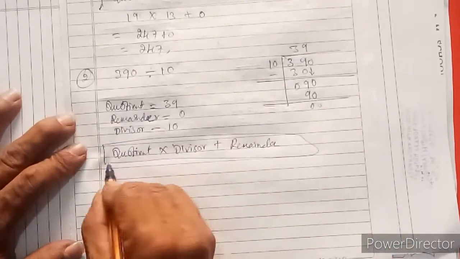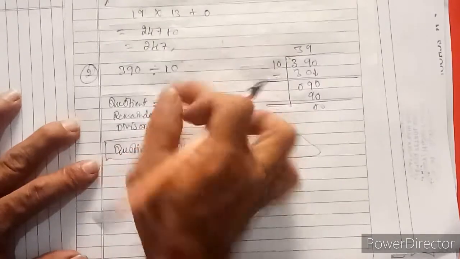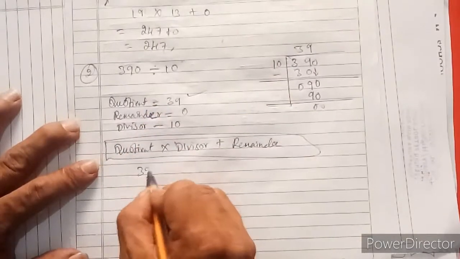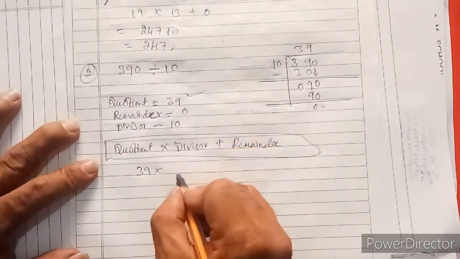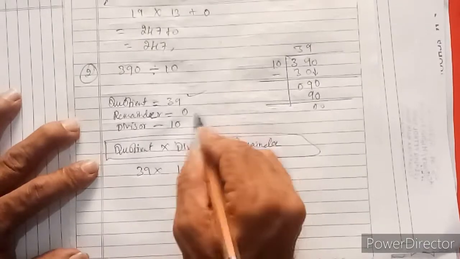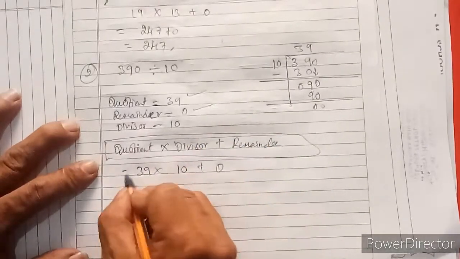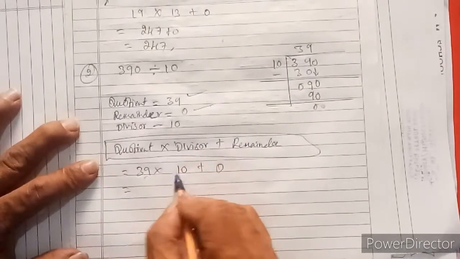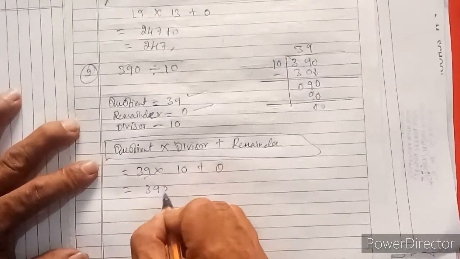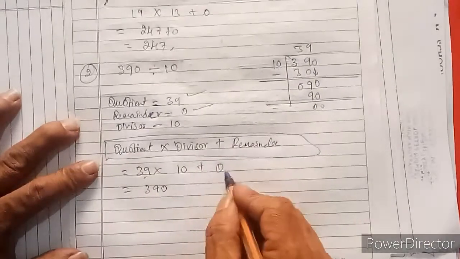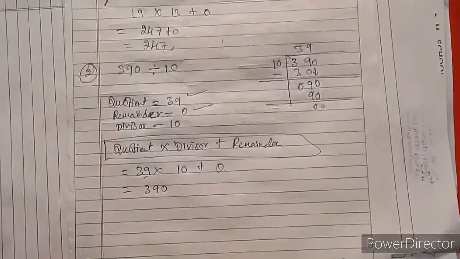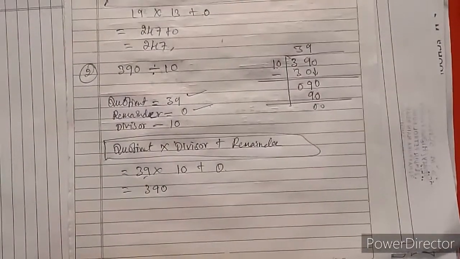The quotient is 39 into divisor 10, plus remainder 0. 39 tens are 390, plus 0 gives 390. Got my point? Next.